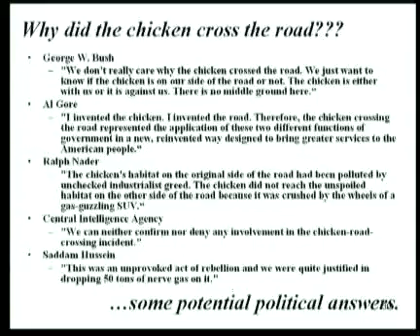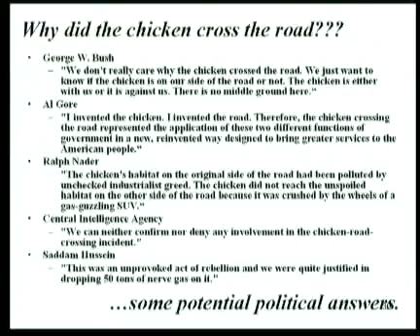Ralph Nader, who is a current candidate for president again on the green ticket. Ralph says the chicken's habitat on the original side of the road has been polluted by unchecked industrialist greed. The chicken did not reach the unspoiled habitat on the other side of the road because it was crushed by the wheels of a gas-guzzling SUV. Then what might the Central Intelligence Agency say?